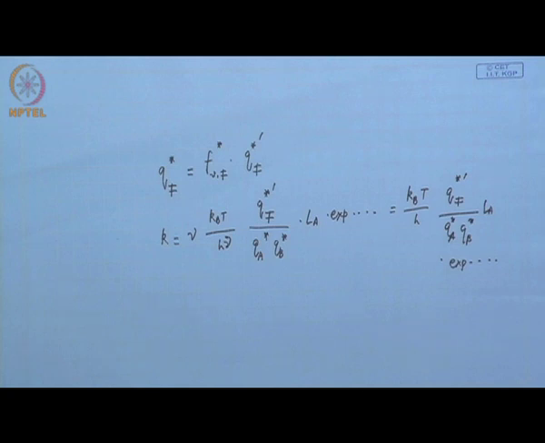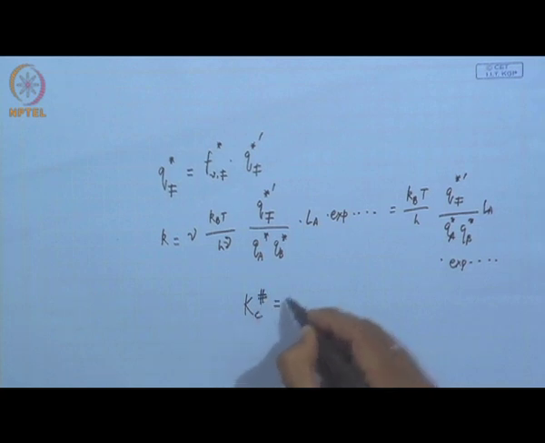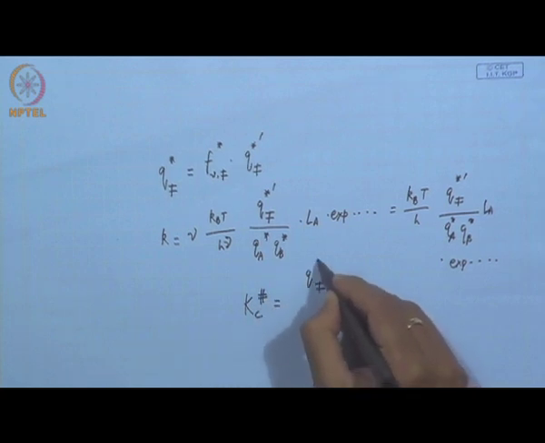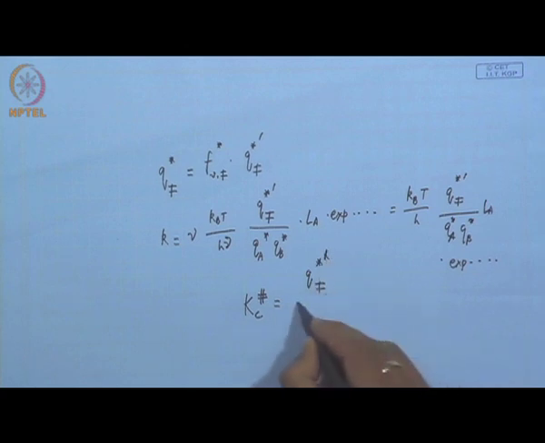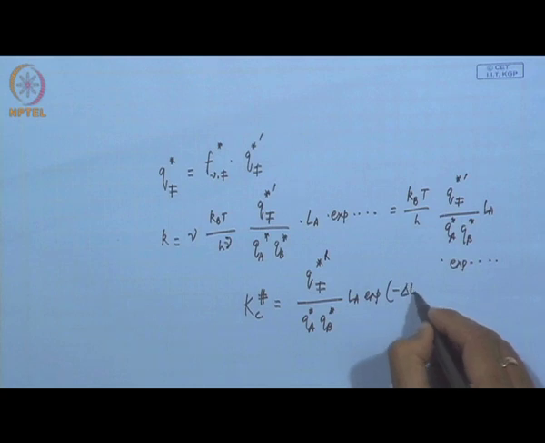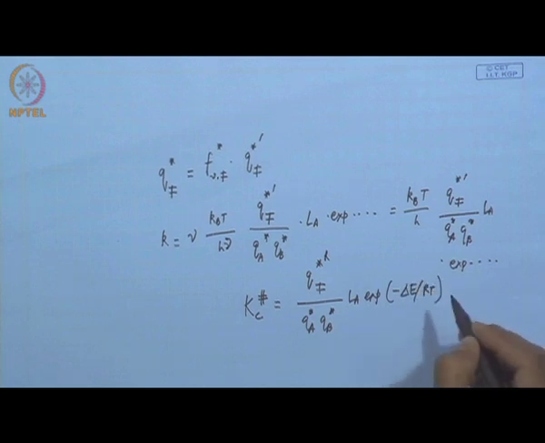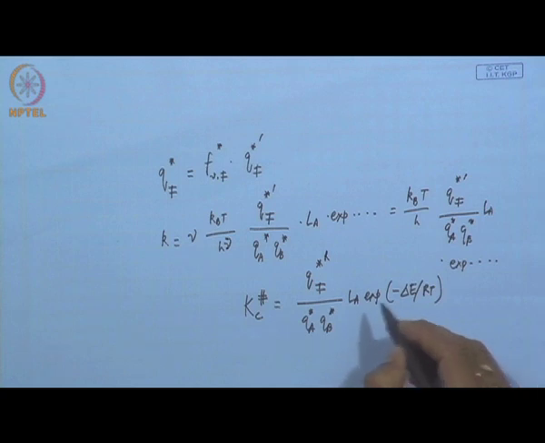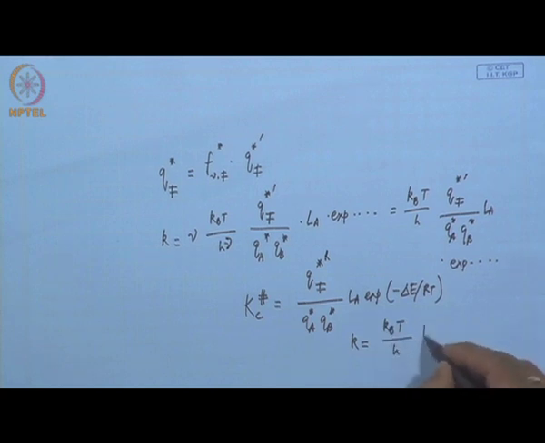Now, if you take Kc double dagger equal to this one with the prime, divided by Qa Qb star, La, exponential minus delta E by RT, then you can simply write the rate constant k is equal to kb T by h into Kc double dagger.